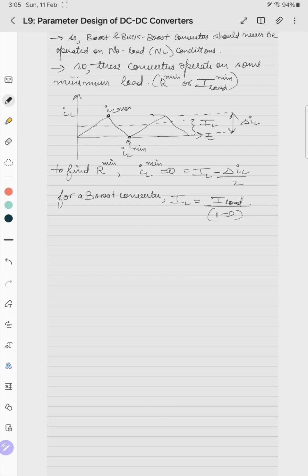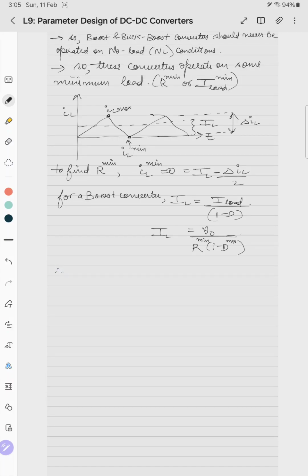But I load is I load minimum, that is V0 by R into 1 minus D, because we have to find R minimum. Let's assume that V0 is V0 steady state and D is D max. So I'll write 1 minus D max, that is the average value of IL during that instance when IL minimum just touches 0.